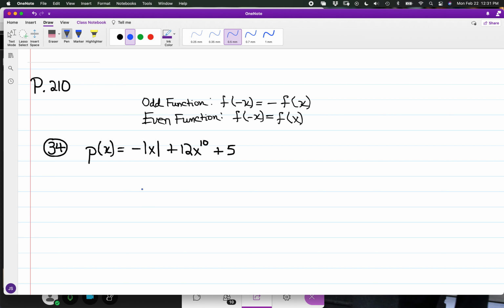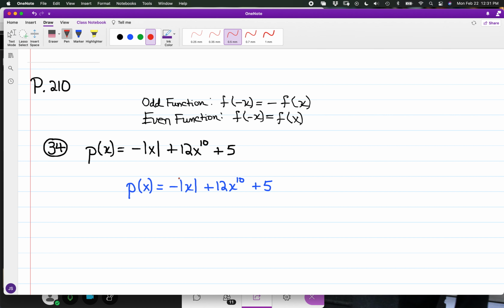So we have p of x again equal to the negative of the absolute value of x plus 12 times x to the 10th, followed by the addition of 5. We can just follow through on this one.